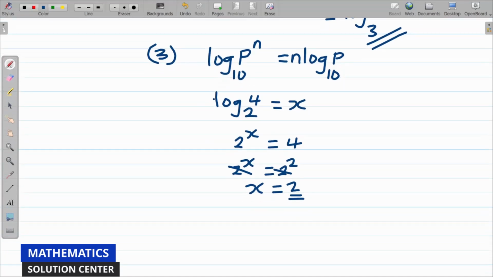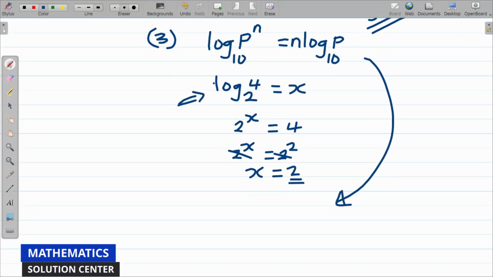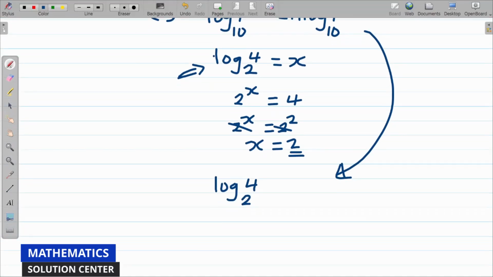But going back to our law, let's try to apply the law on this question. I have log 4 base 2. I will not equate it to anything, but I will just evaluate it further. I will write 4 as a power of 2, because I have 2 as my base: log of 2 raised to power 2, base 2.